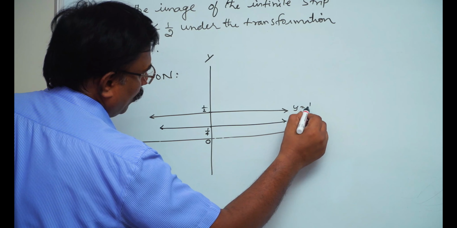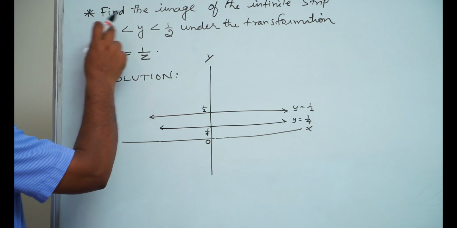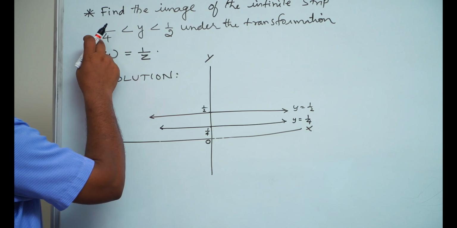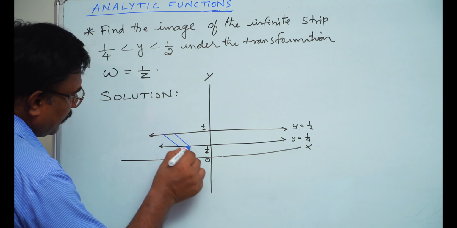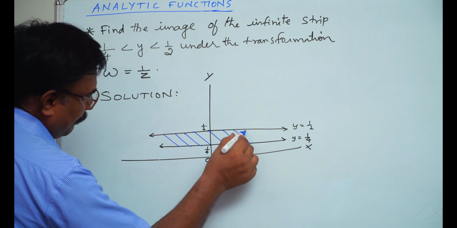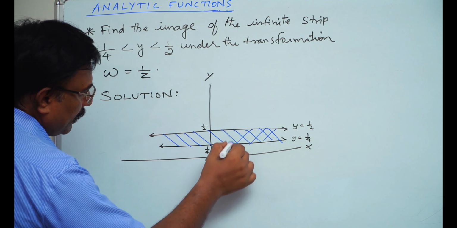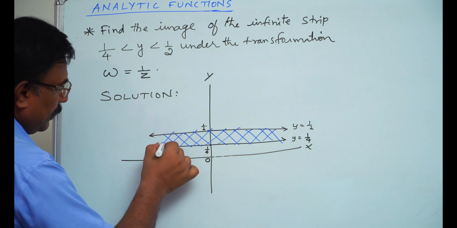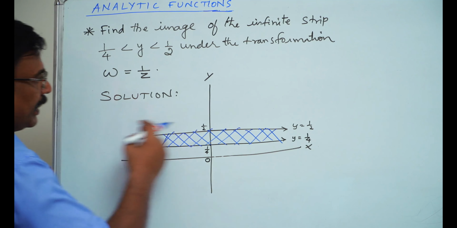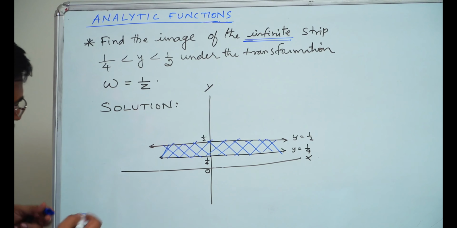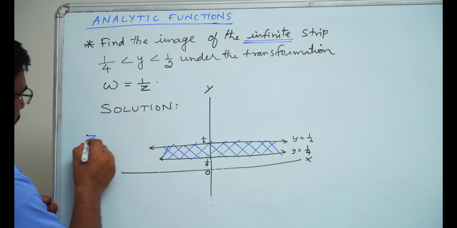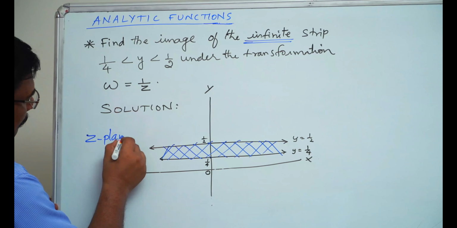So y is lying in between 1/4 and 1/2. For all values of y between 1/4 and 1/2, we will get a strip like this. It extends infinitely on both sides, so it is an infinite strip. This is the z plane.